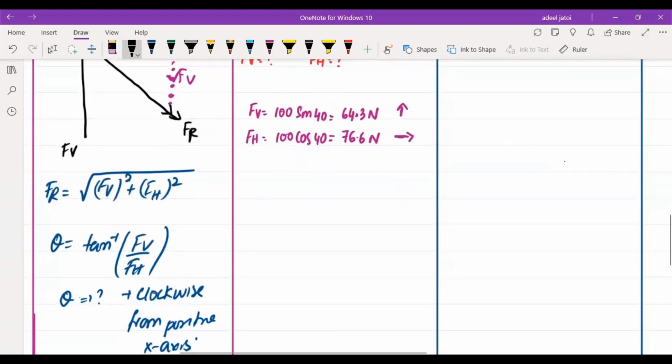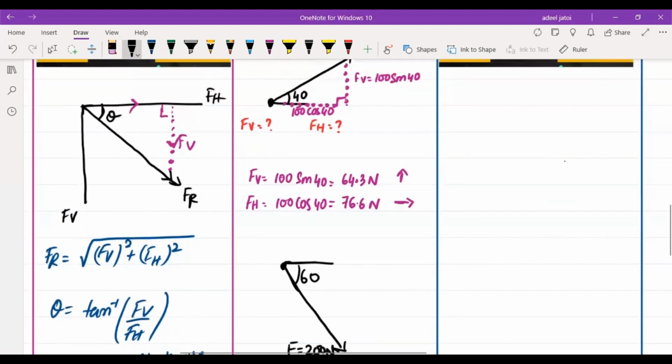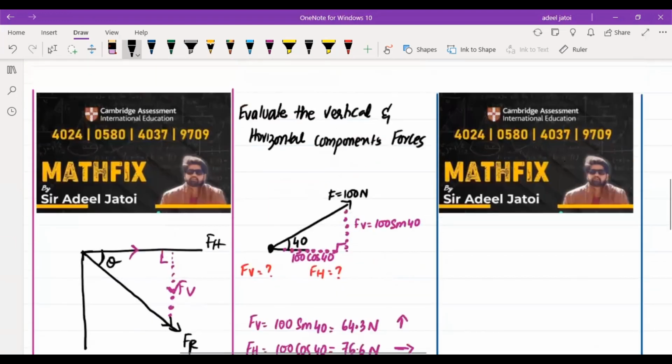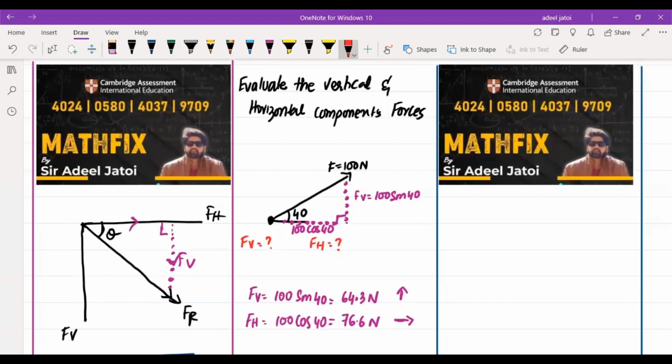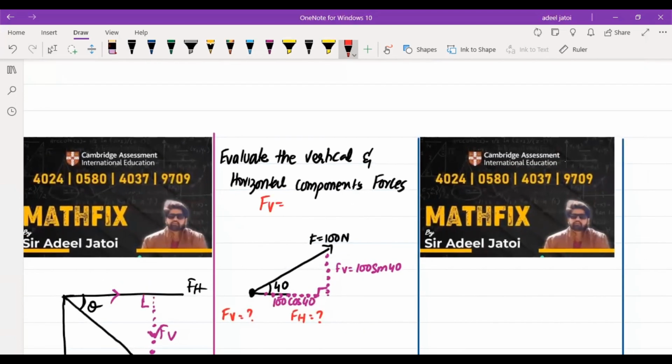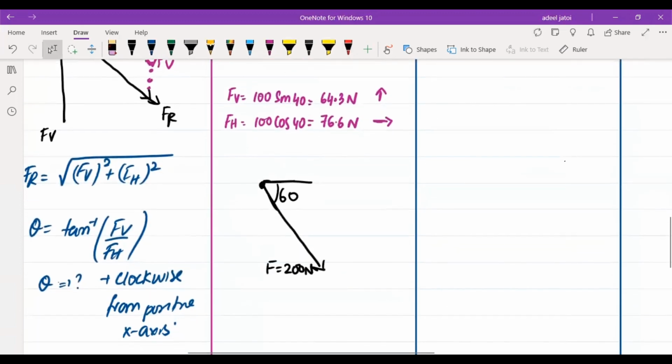Let's work upon another example. Let's say the force is going towards right, and the angle is 60 degrees and the force is 200 Newton. The same question: force V, force H. Let's write down the calculation of force V and force H here, so that we know it's the same thing in each and every example question.